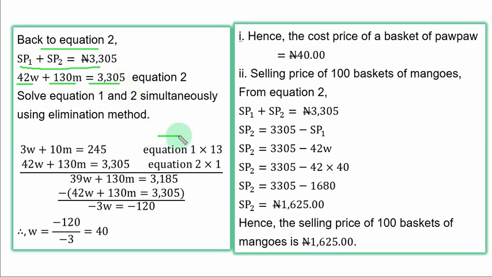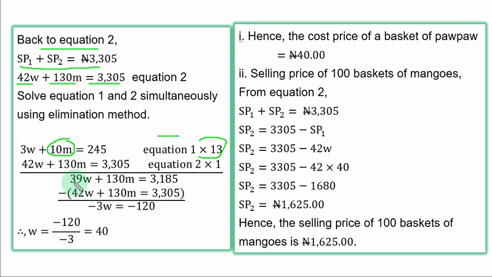In this equation, I wish to eliminate variable M, so M must have the same coefficients. Now you have 10 and 130. The LCM of 10 and 130 is 130. So to get 130 from equation 1, you need to multiply it by 13. So you multiply equation 1 by 13 and equation 2 remains the same.